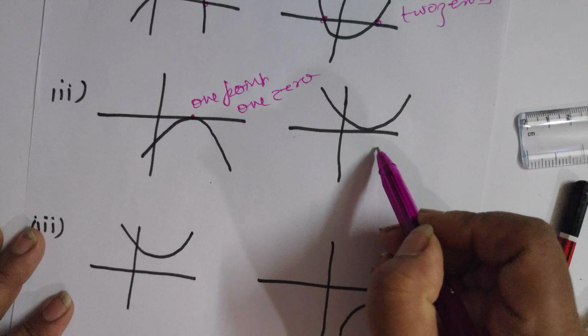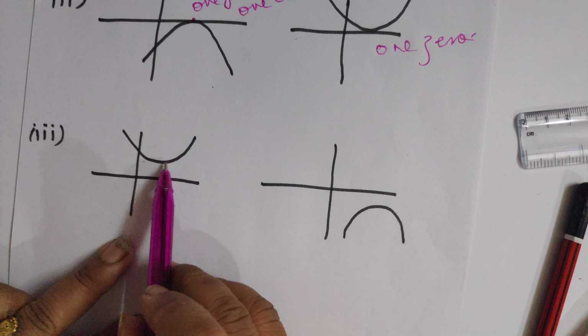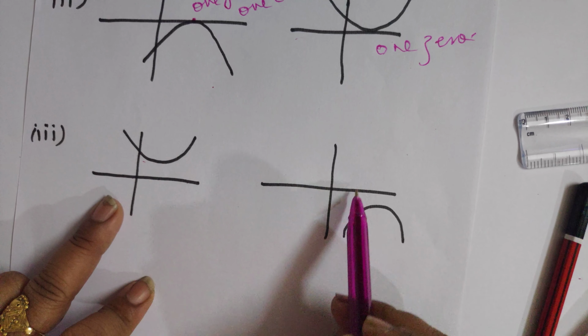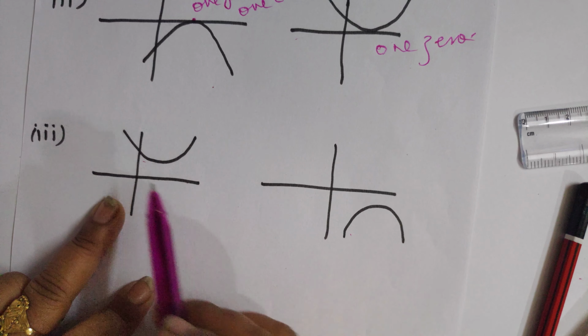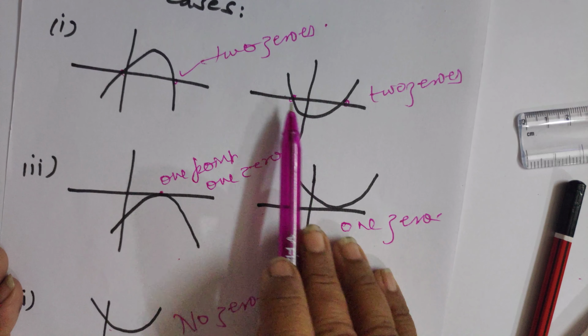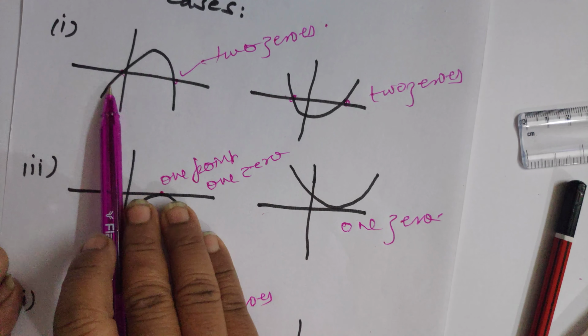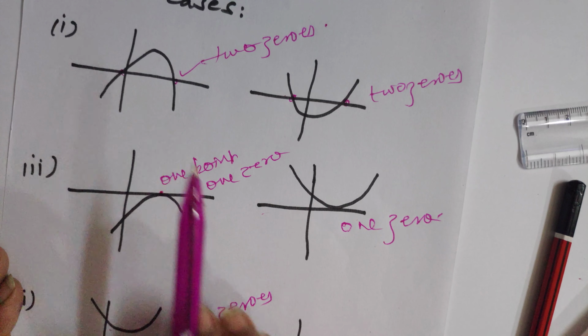Now for the next case, the parabola doesn't cut the x-axis. Here it is in the upward direction, and here in the downward direction. So there are no zeros. We need to consider all 3 cases. When the parabola cuts at 2 points, we get 2 zeros, whether it is in the upward or downward direction.